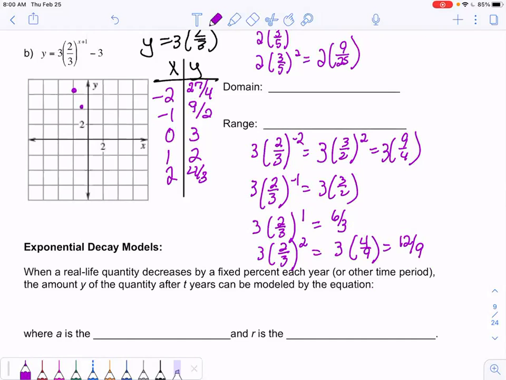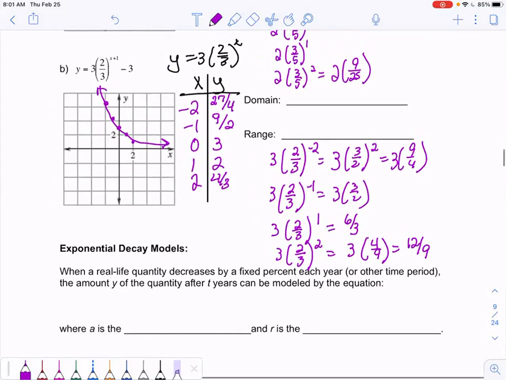I have 0, 3, 1, 2, and then 2, 4/3. Does anyone have questions on graphing the original?